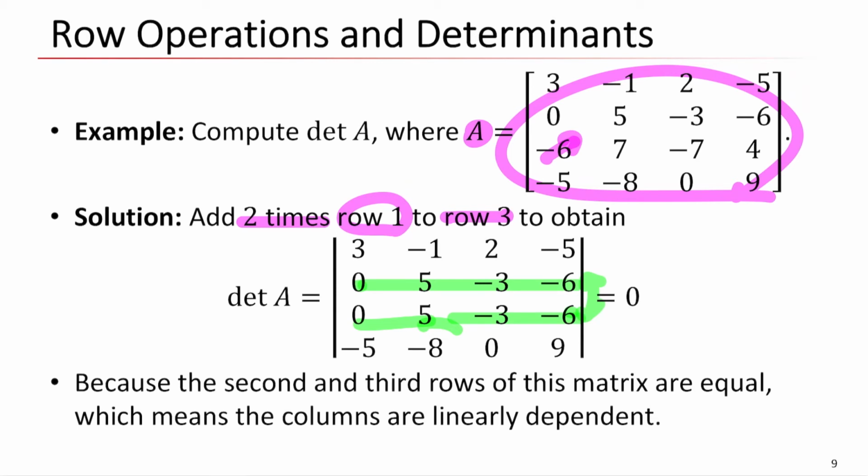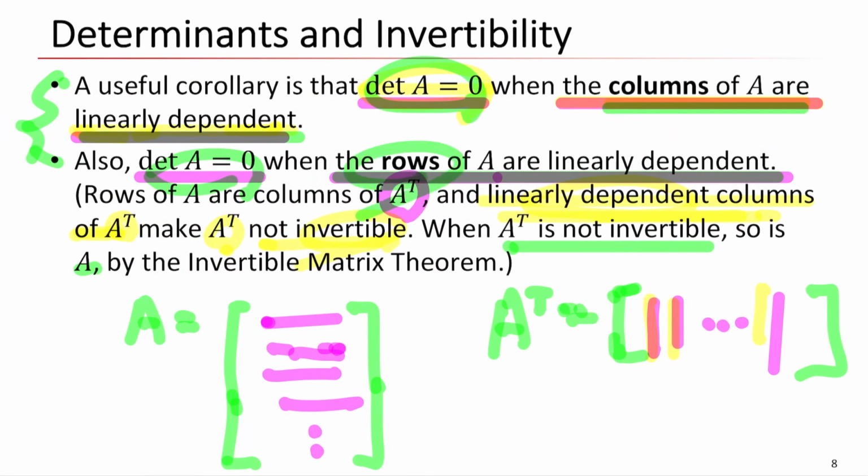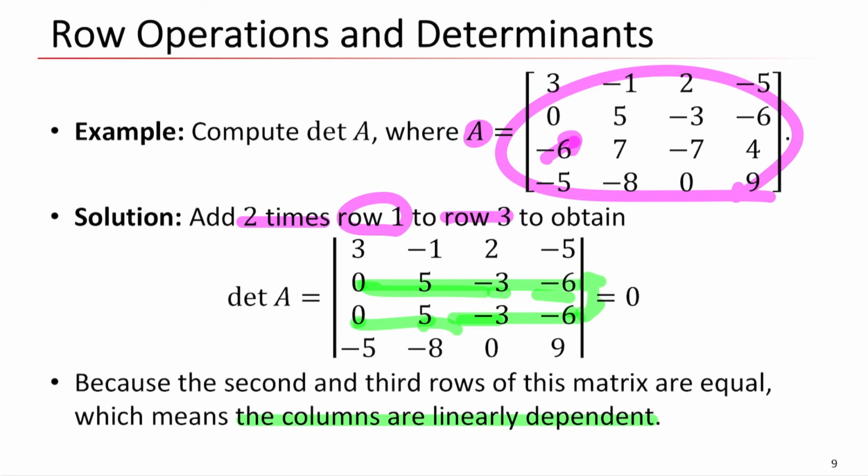So what does it mean? The rows of the matrix A are linearly dependent, then we can say that the determinant of matrix A is equal to 0. The columns or the rows, because here the rows of this one are linearly dependent, right? Why?